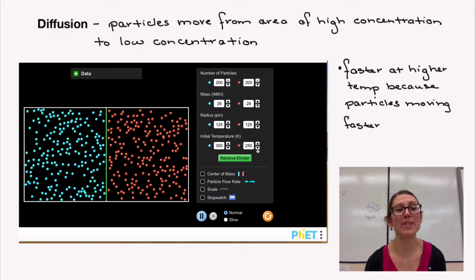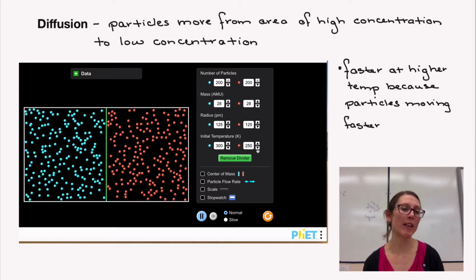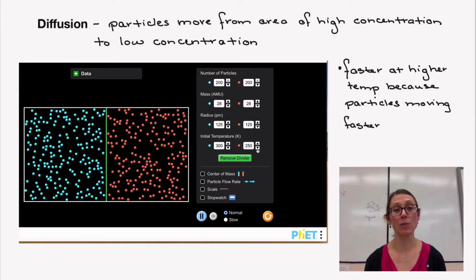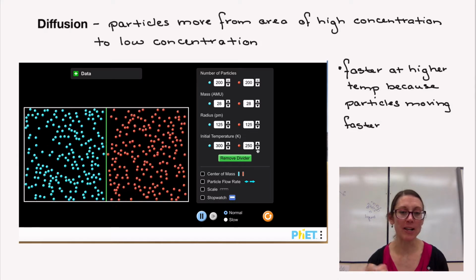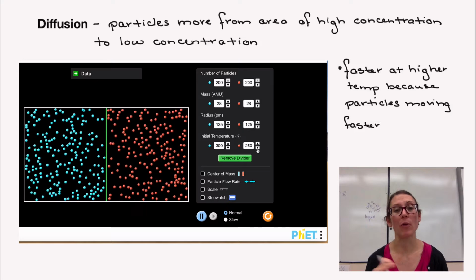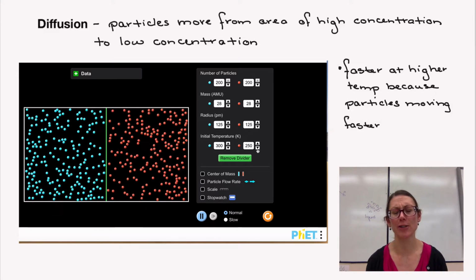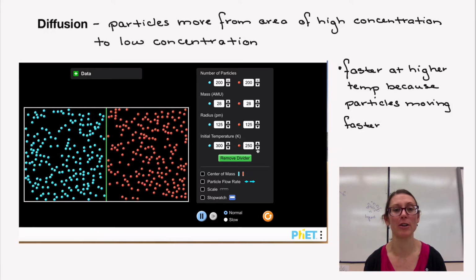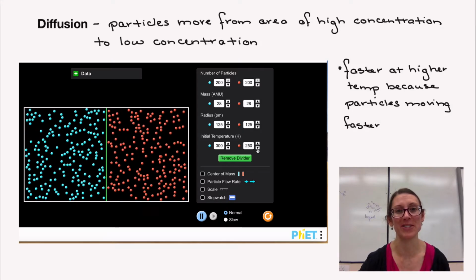Okay, well, what happens if there's more particles? In class, we looked at diffusion in a gas with the smelly substance, and then we also looked at diffusion in a liquid when we had the water, with the food color diffusing through the water. So what happens if there's more particles? Let's see.